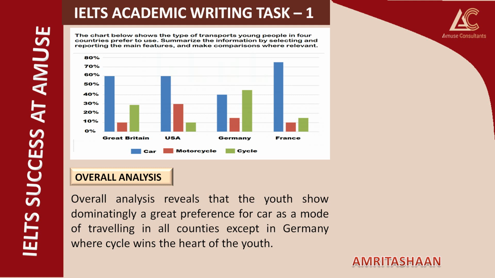Overall analysis reveals that the youth show dominatingly a great preference for car as a mode of traveling in all countries except in Germany, where cycle wins the heart of the youth. Or you can say where cycle is taken as a first choice.